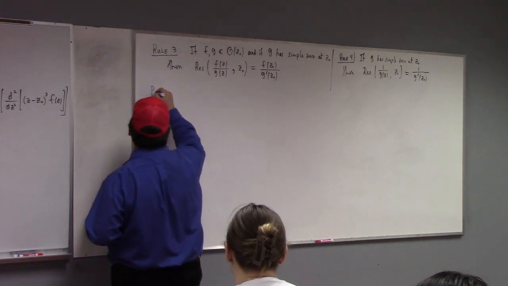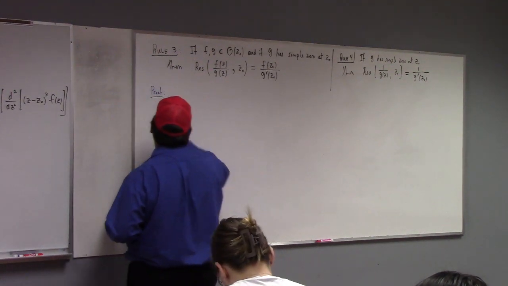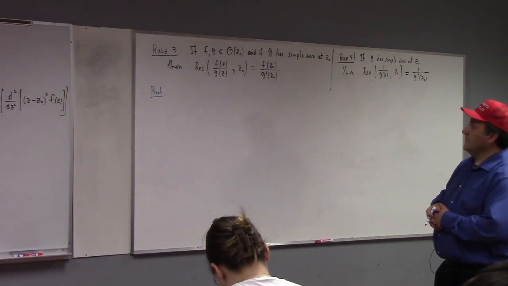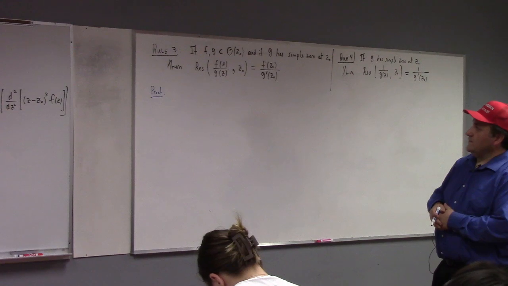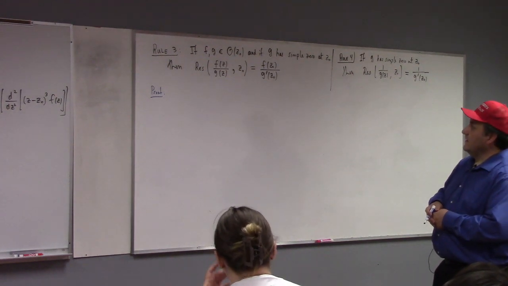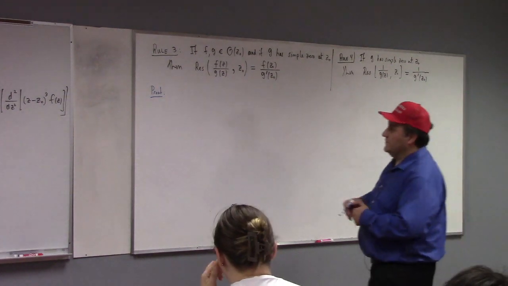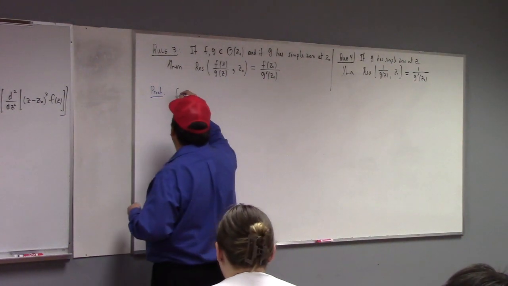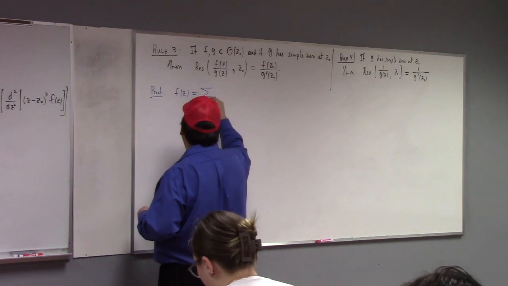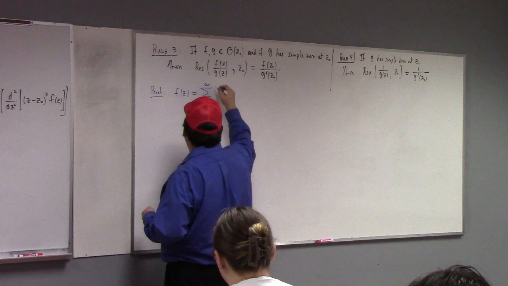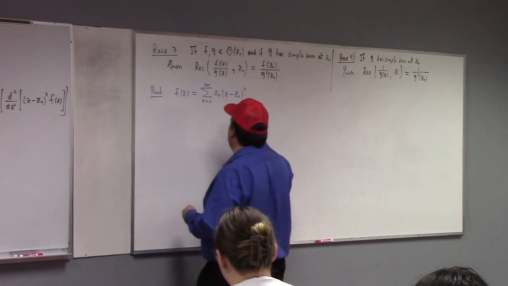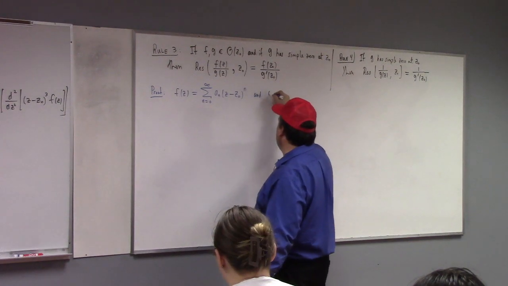So rule 3, how do we prove this? f of z is holomorphic, which means it's analytic at z naught, and g of z has a simple 0. So f of z can be written as the sum, n equals 0 to infinity, of a sub n times z minus z naught to the power n. And g of z has what form?